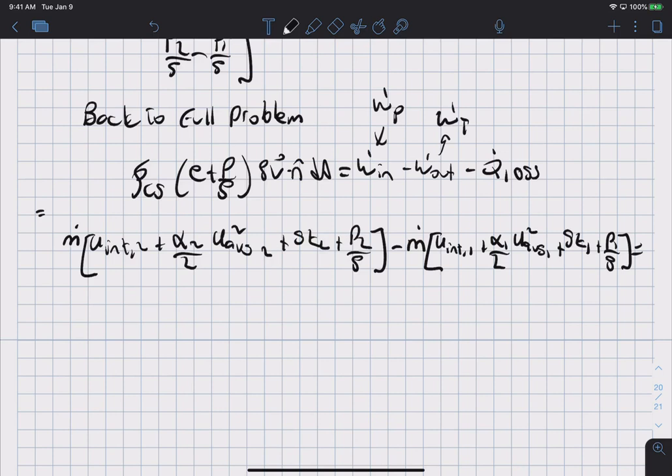And that is equal to the power input from a pump minus the output for any turbines minus the heat loss. Okay.